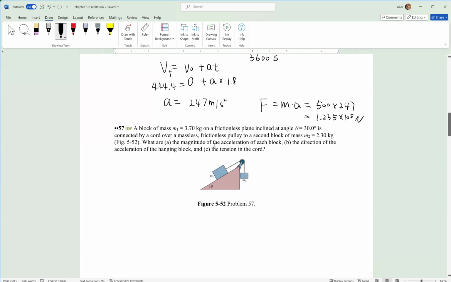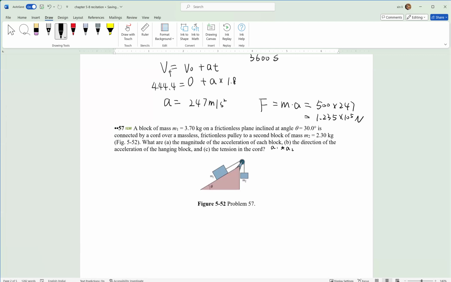So what are A, the magnitude of the acceleration for each block, and B, the direction of the acceleration of the hanging block? So this guy here, M2. So you are going to find A1 and A2 and the direction of A2. And then C, the tension in the cord.